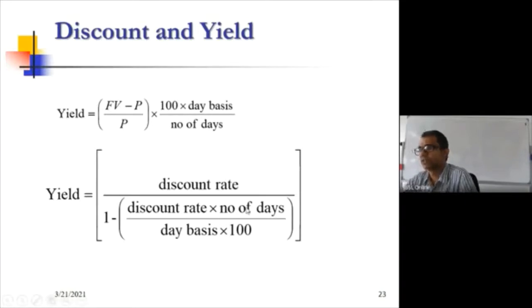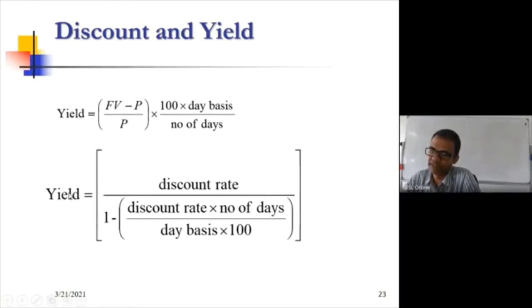This equation shows the relationship between yield and the discount rate. From the set of equations that we had, FV minus P is the discount. We can replace the discount with the equation that we get with the discount rate. Then after doing some manipulation, we can get this relationship.